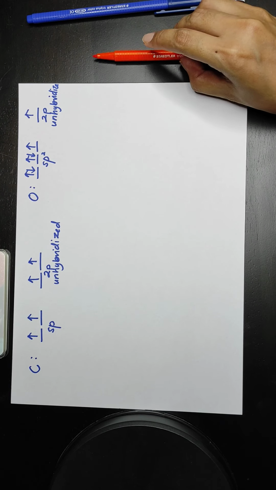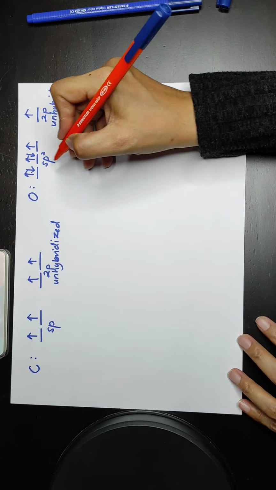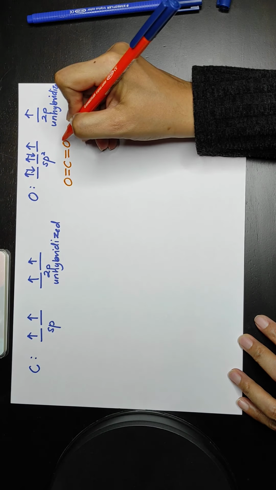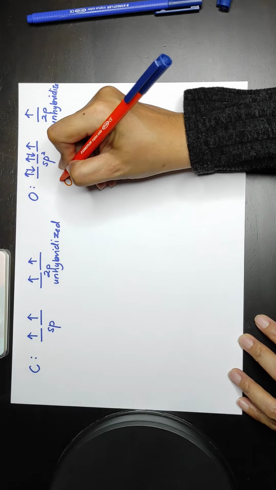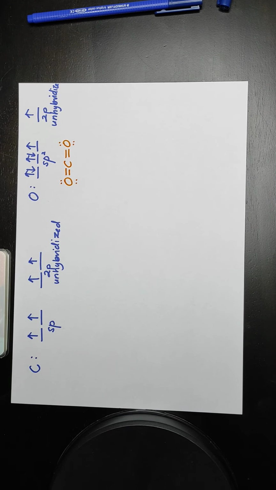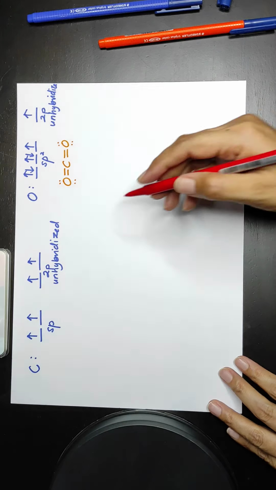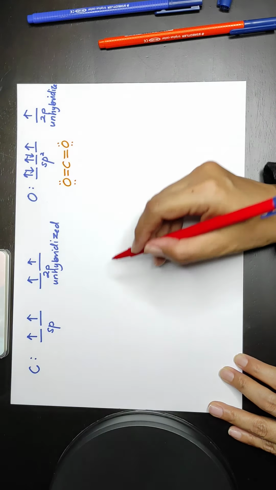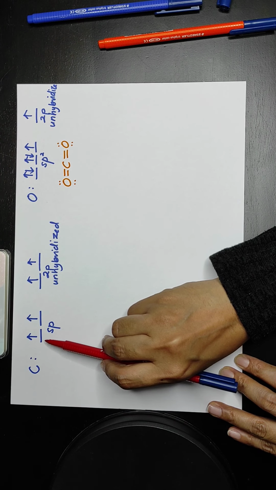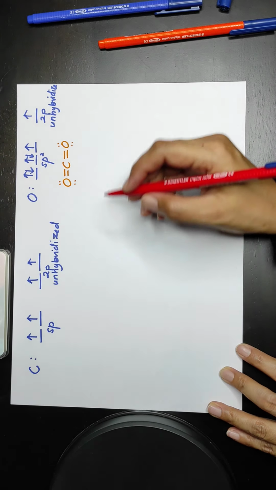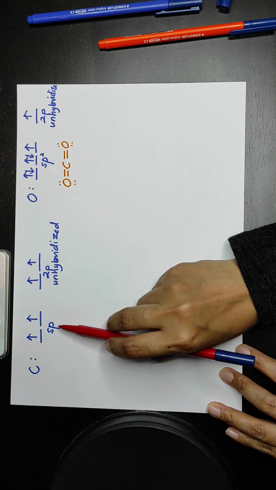Okay, so let's start with the central atom, right? The central atom is the carbon atom. So this is the Lewis structure as a reference. Alright, so let me use this red color of marker. Okay, so the carbon atom undergoes sp hybridization, so it has sp hybrid orbitals.